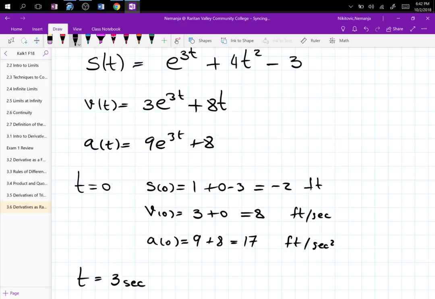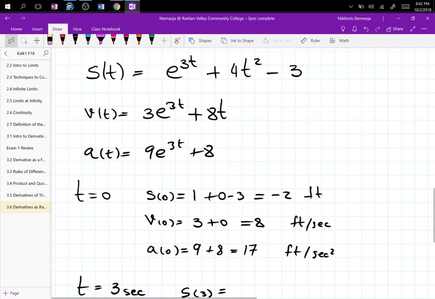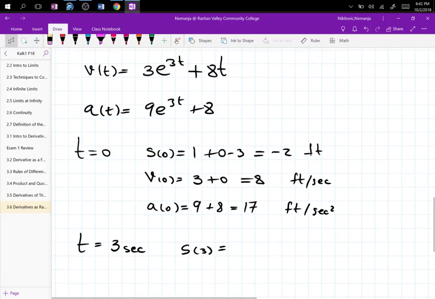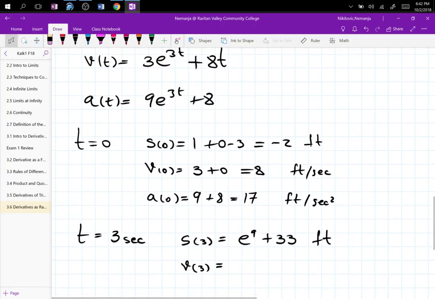So for t equals 3 seconds, it's going to be S of 3. S of 3 is e to the 9 plus 36 minus 3, 33. e to the 9 plus 33 feet. Velocity at 3 seconds is going to be 3e to the 9 plus 24 feet per second.